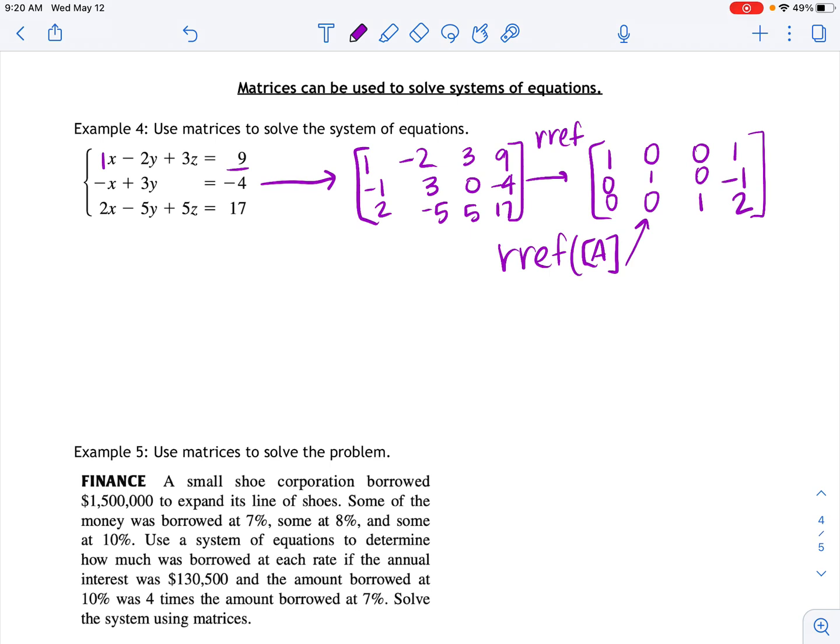Has all the ones, has all the zeros, and what it does is it creates a matrix that is special, where if I were to go back to a system, it would be 1x plus 0y plus 0z equals 1, and then it'd be 1y equals -1 and 1z equals 2.